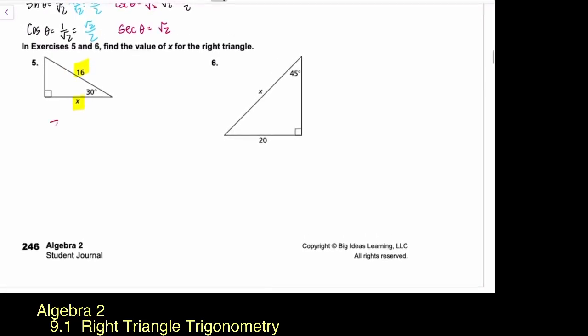Remember, side opposite of 30 is x, opposite of 60 is x rad 3, opposite of 90 is 2x. So what do they give me? They give me 16. That right there is your hypotenuse. Hypotenuse is opposite of 90 degrees.